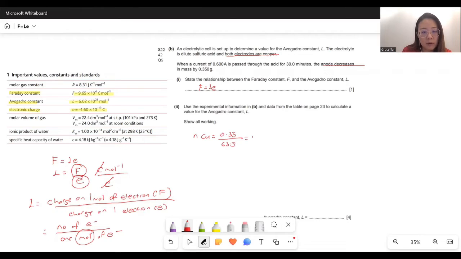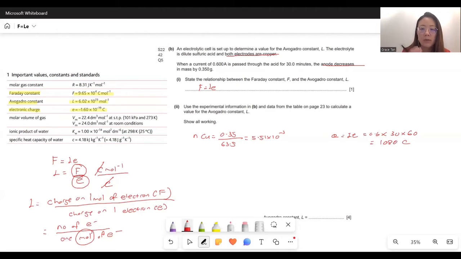The number of moles is 5.51 times 10 to the power negative 3. The second thing I want to calculate is the quantity of charge passed in your electrolytic experiment. Q equals to IT, which is 0.6 ampere times 30 minutes, converted to seconds. So the quantity of charge here is 1080.